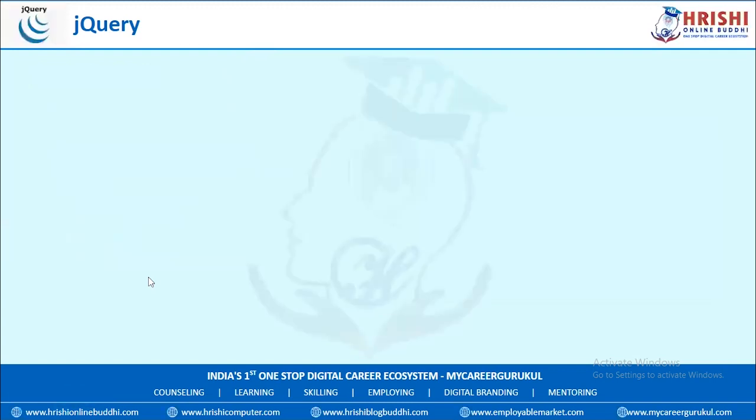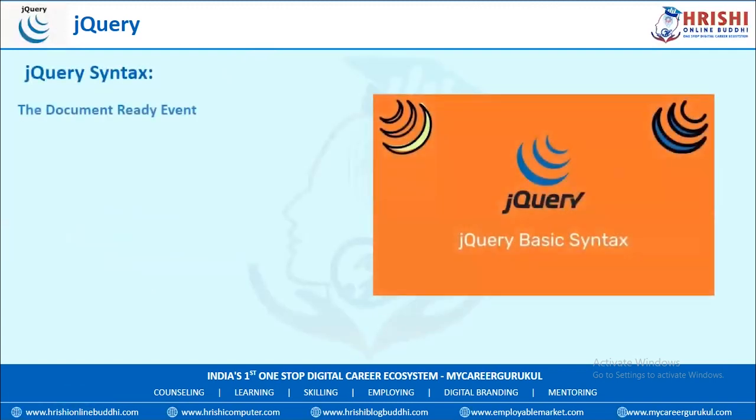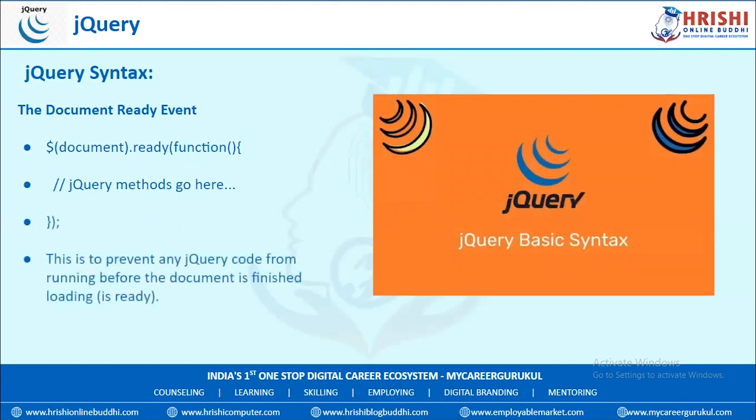Then comes the document ready event. Now we use this $(document).ready event in each and every jQuery program. Likewise, if you want to write a particular code showing the function of hide and toggle, we will make use of this document ready function. Now you may ask why to use this particular document ready function.